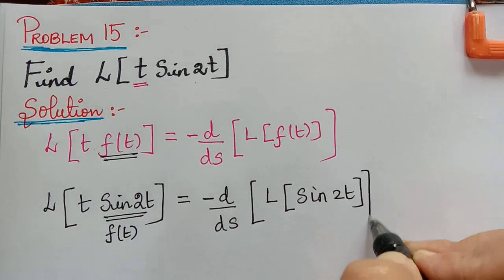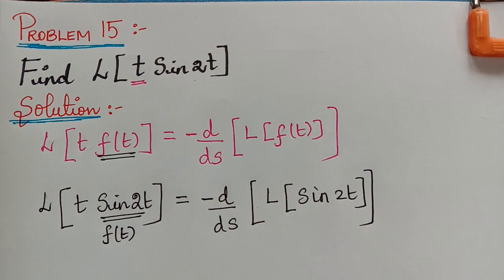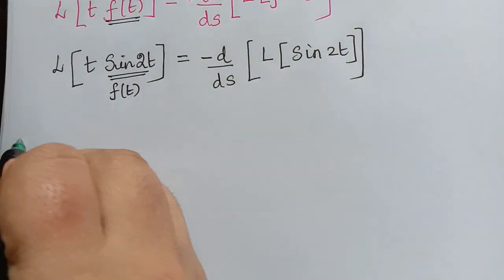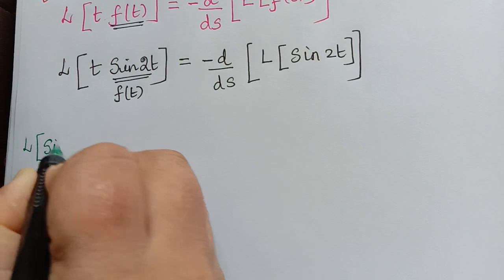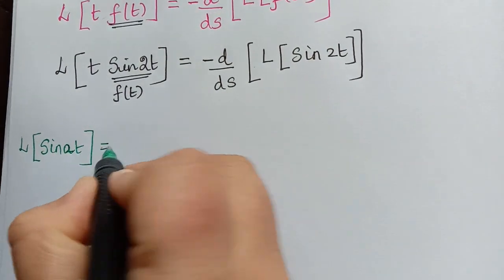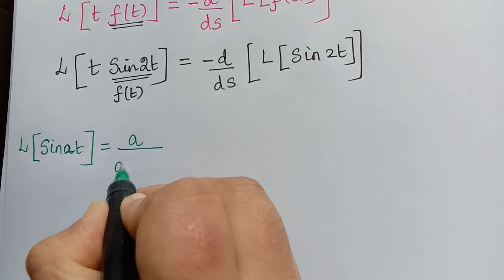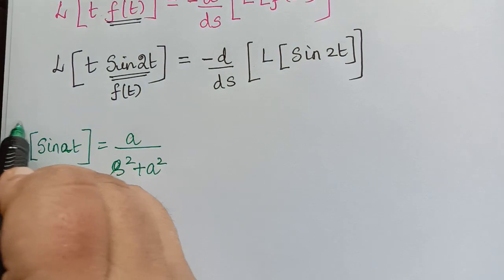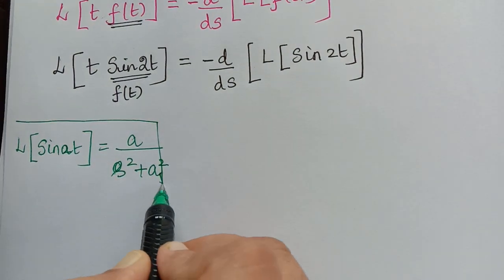But by the formula of Laplace transform, we know that the Laplace transform of sine at is equal to a divided by s square plus a square. So we are going to apply this formula now.